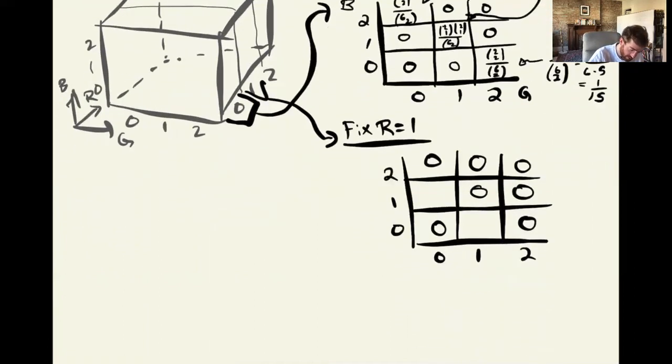And what does that work out to be? Well, the probability of 1 red and 1, let's say, again, this is the blue axis and this is the green axis. If you think about it, that shouldn't be any different than the probability of your situation here, where you had 1 blue and 1 green. Now you're just saying 1 blue and 1 red.